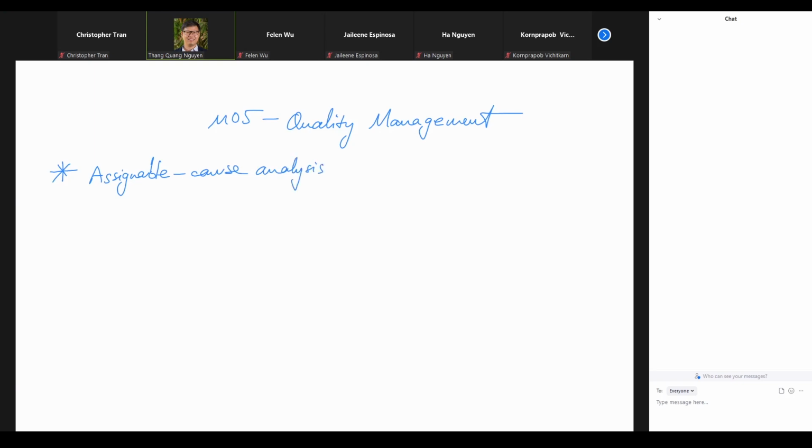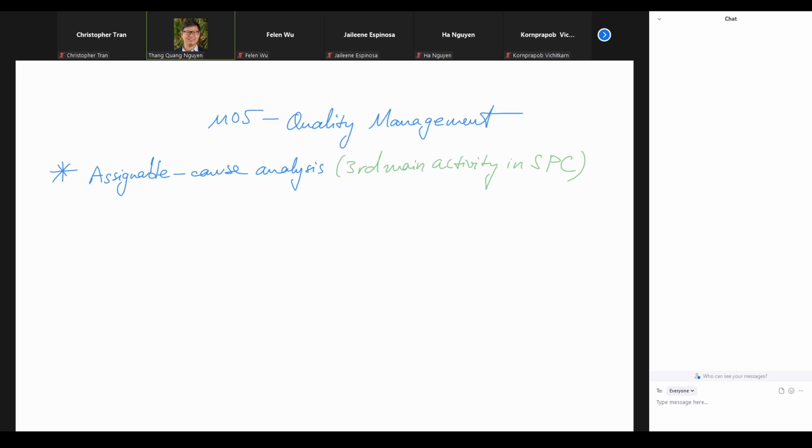If you can recall, this is the third main activity in SPC, right? So we observe that there's a special variation, and we try to find the causes of that special variation.